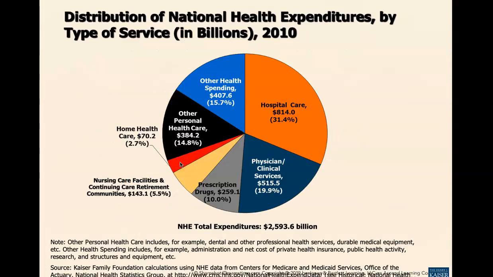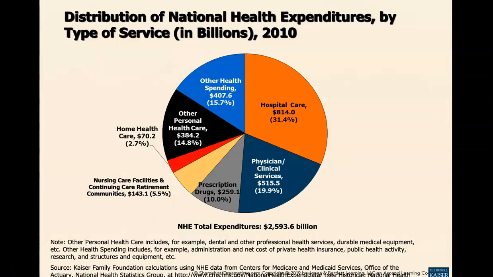So let's compare national health expenditures and how they are distributed, comparing two time periods. So here, it's in 2010. Take a look at the biggest chunks of spending we did. 31.4% for hospitalization and almost 19% for physician services.